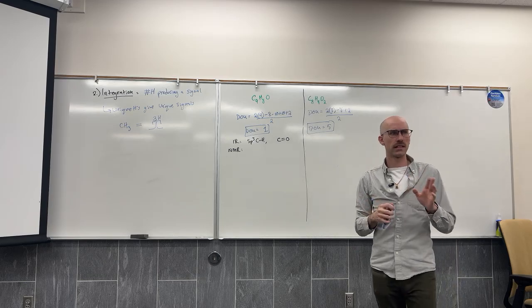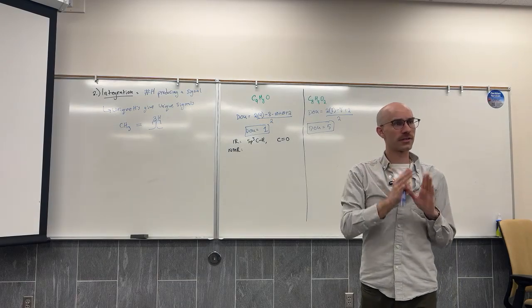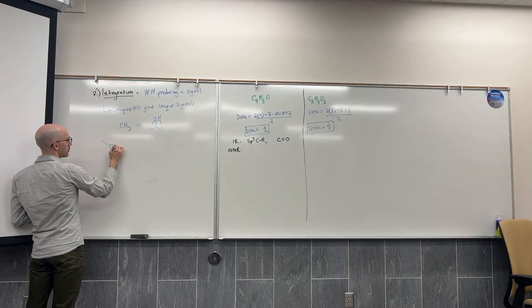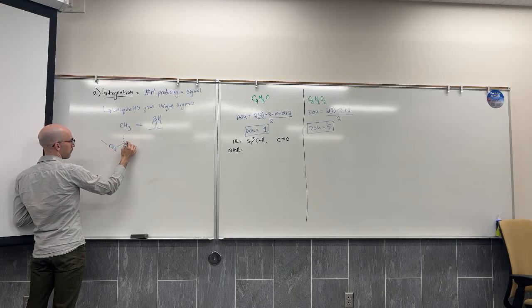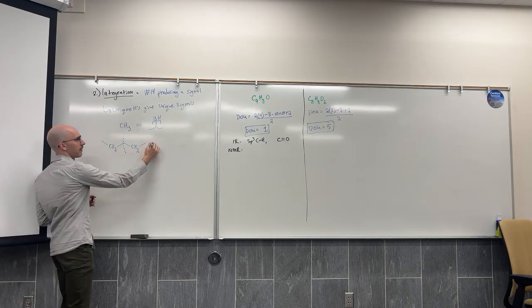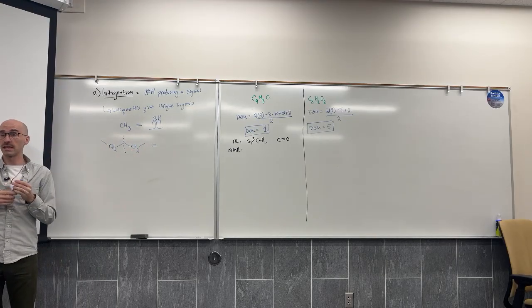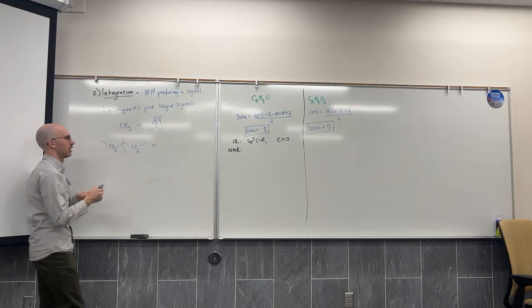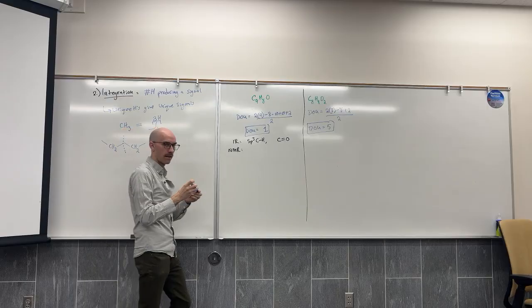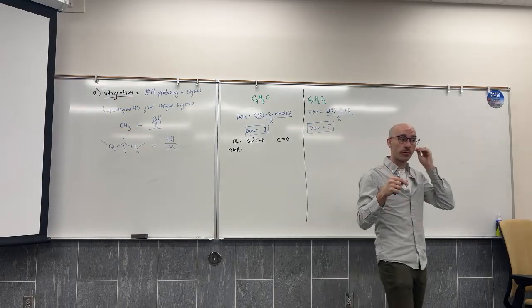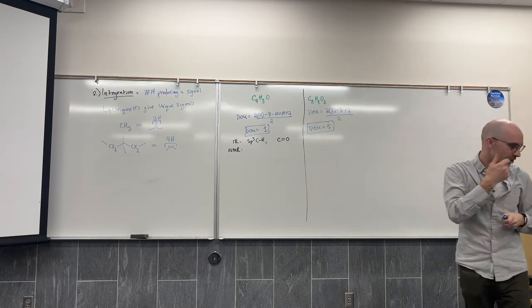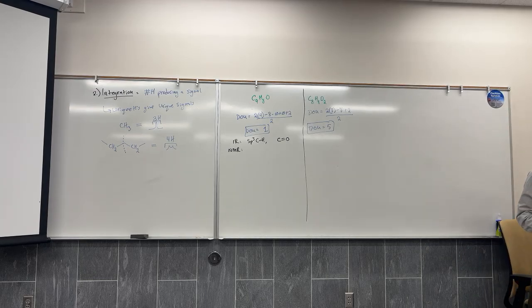CH2s, similarly, CHs, unless there's some symmetry in them. So if we find 2 CH2s that have some symmetry between them, these are not unique hydrogens. They're actually all the same hydrogen, and they all produce the same signal, and their signal integrates to 4H.